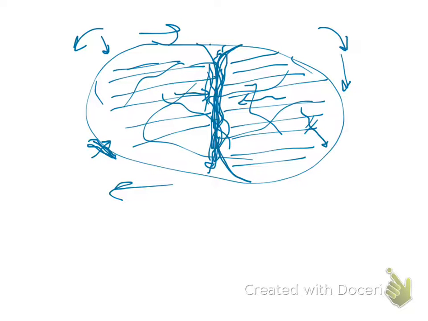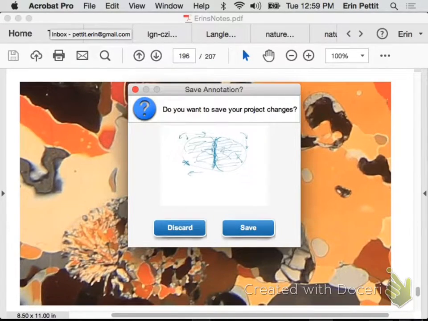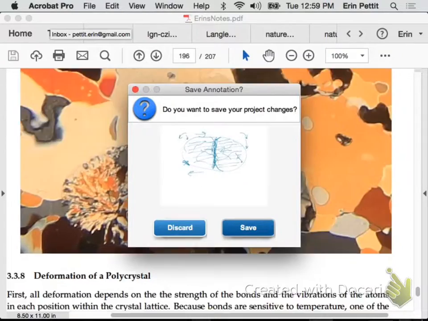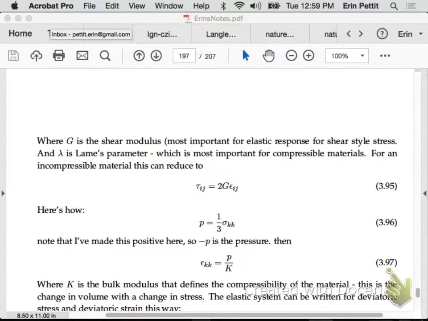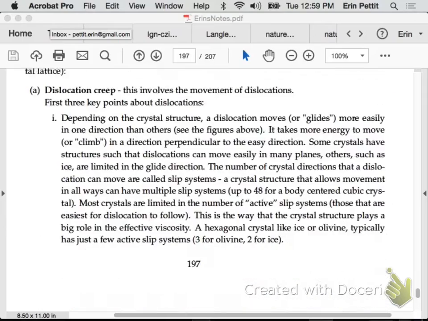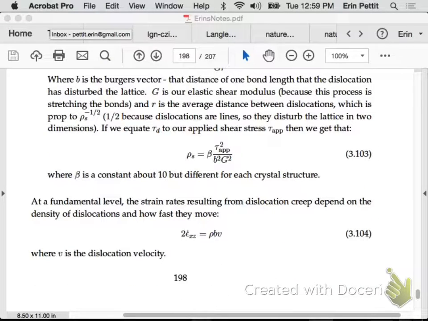So the viscosity of the mantle, the viscosity of ice, the viscosity of all of these materials depends on the type of crystal, the crystal structure for that particular material, but it depends a lot on dislocation density, which is a function of how fast you are creating dislocations because you're stressing this material, and how fast it is recovering.